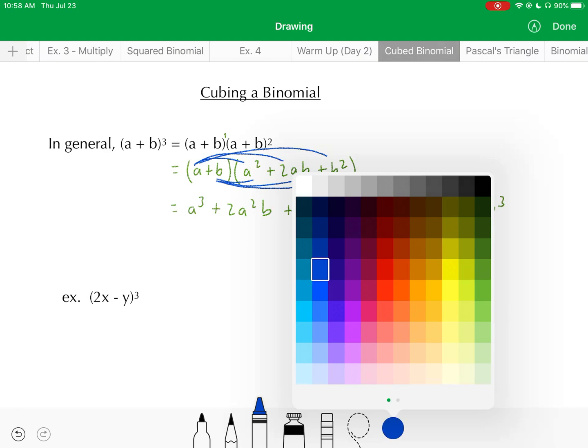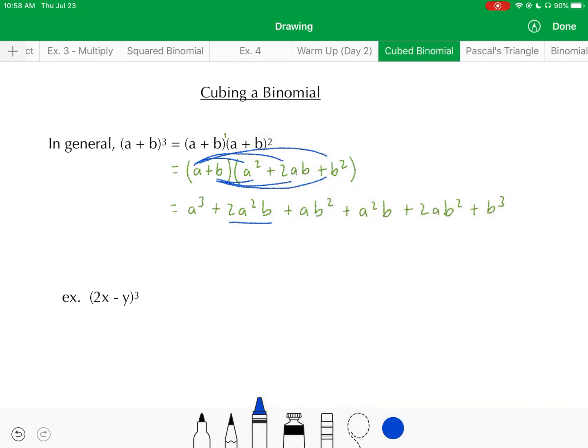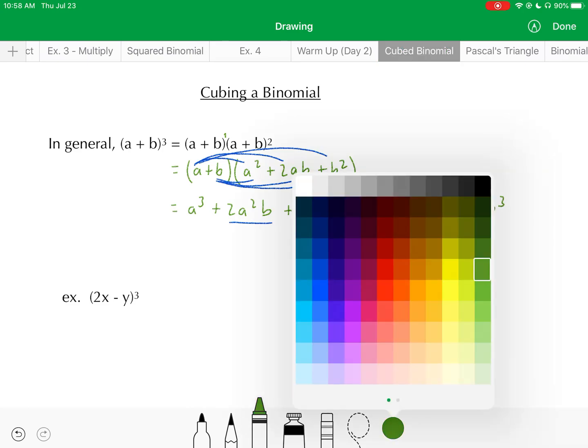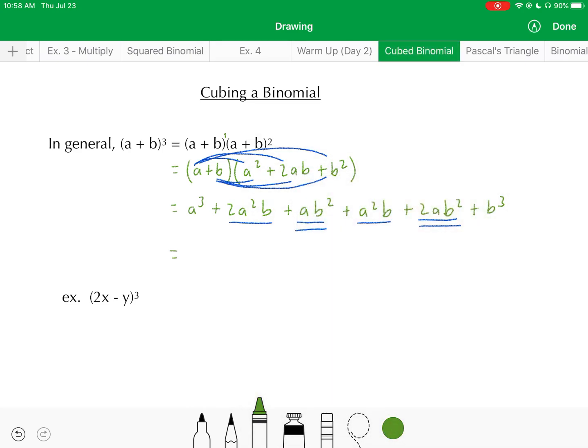Now notice you have some like terms here. 2a squared b, you can combine that with a squared b, and then same thing with ab squared and 2ab squared. So in the end, this is going to lead us to a cubed plus 3a squared b plus 3ab squared plus b cubed.